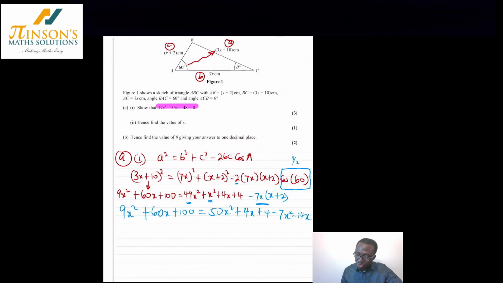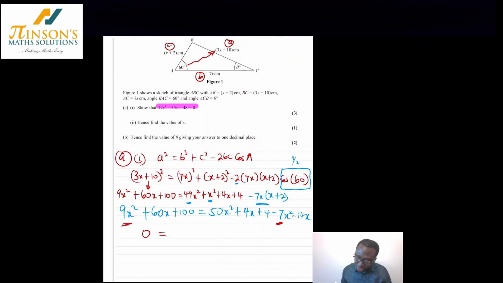So we're going to try to rearrange the equation so that we can have 0 on one side. So what we're going to do is move everything on this side to the other side, so we'll leave our 0 here. So I've got 50x squared, take away our 7x squared, which gives us 43x squared, but then we're going to take away 9. So 43 take away 9 is 34.